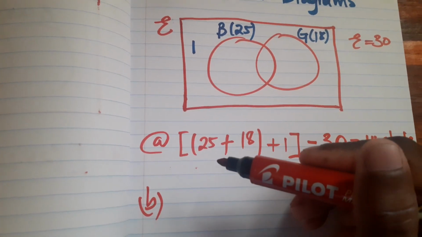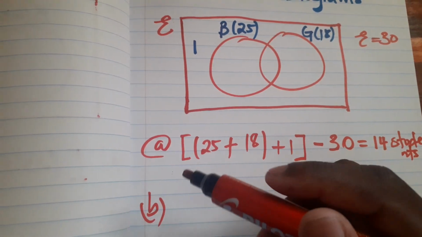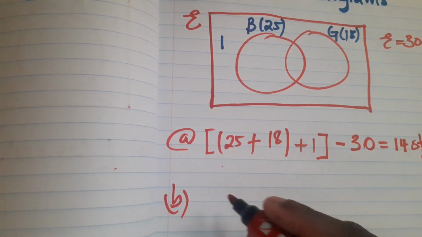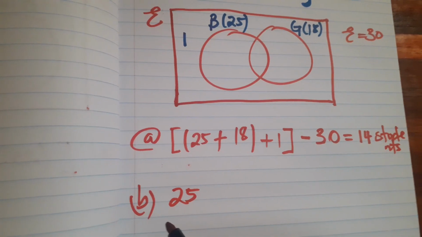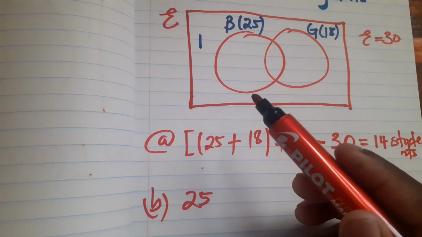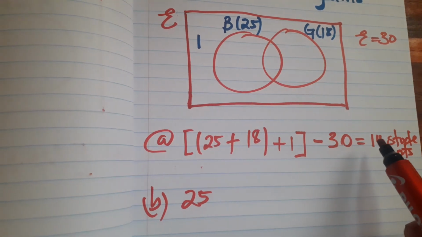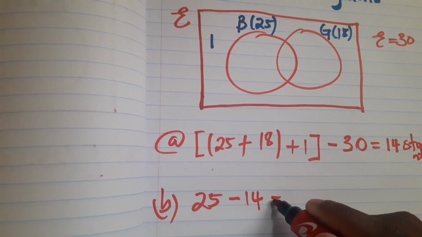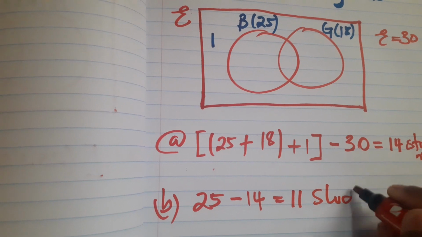Now, letter B is asking us to determine only those that are doing biology only. Since we know the total of students doing biology is 25, we write 25, and then we subtract the intersection, the number of students doing both biology and geography, which is 14. So 25 minus 14 equals 11 students.